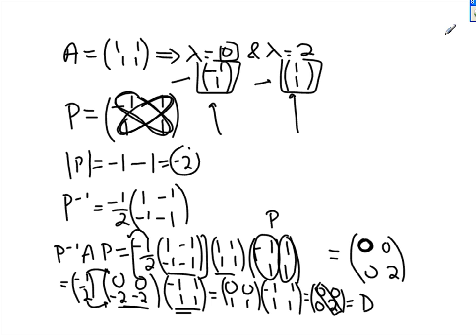I put down this eigenvector, and it corresponded with the number 2. Look at that. There's my 2. The eigenvalues end up on the diagonal. And that is just something beautiful.